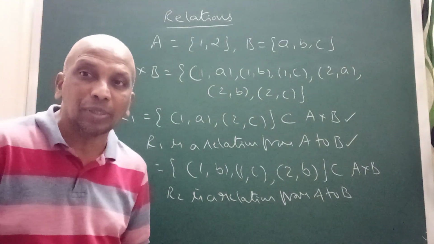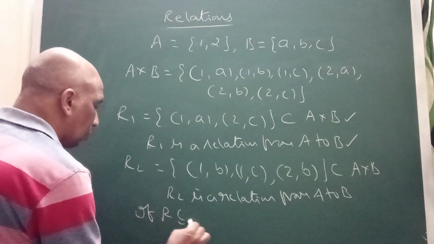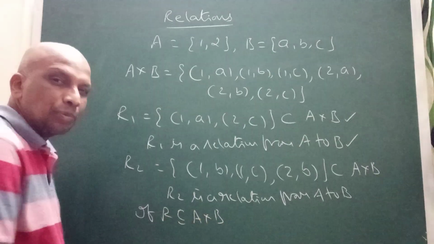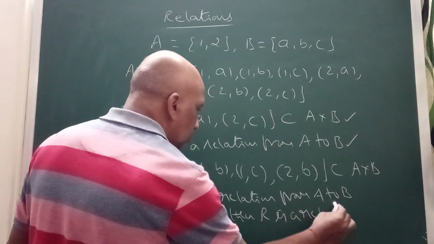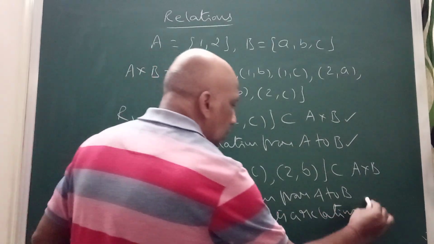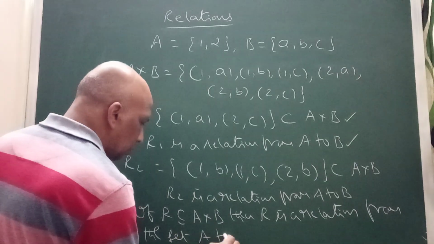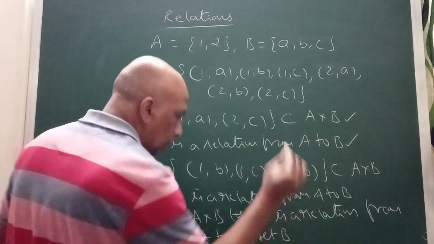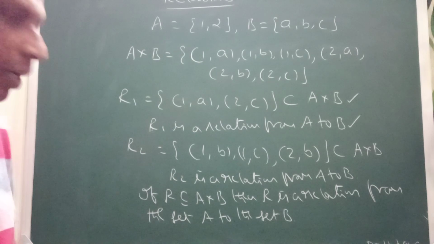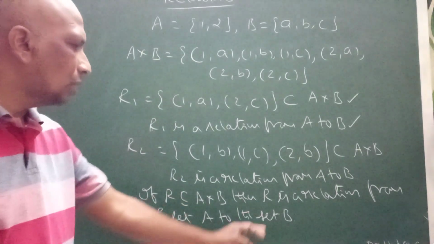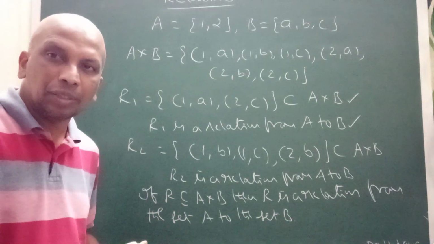That means if R is a subset of A cross B, then R is a relation from the set A to the set B. By example we have done this, so you can understand. Like that we can define a relation.